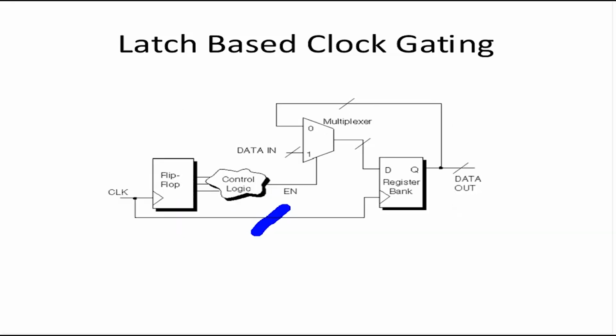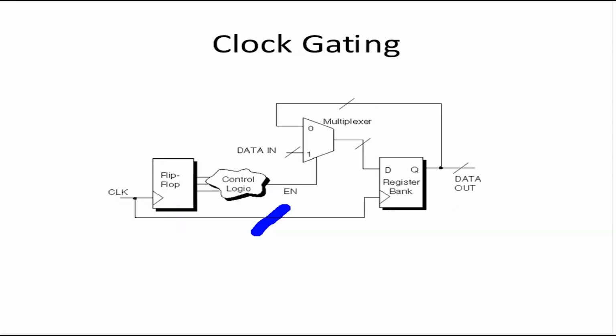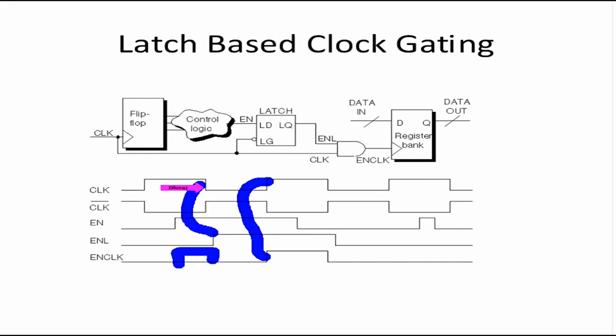The functionality is the same here. This register bank holds the same data whenever enable is low. Here, the data is stable when enable is low because there is no clock, so there is no toggling here. The second thing the latch does is give us a very stable circuit to avoid glitches on the clock, right? So the latch is to avoid glitches, and the gate is to actually gate the clock.